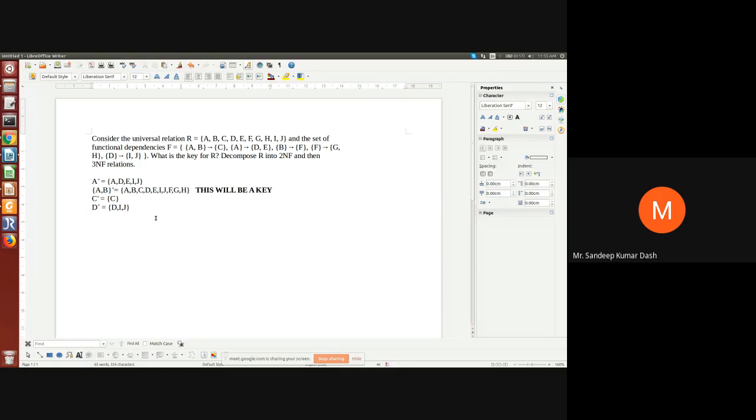Suppose I am combining A and D, maybe. A and D itself will be there. A is deriving D and E, so E can come in.